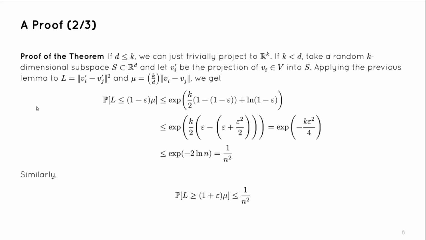And then we apply the previous lemma, where L is the squared norm between the projections of vi and vj, and we take mu being the expected value of that.